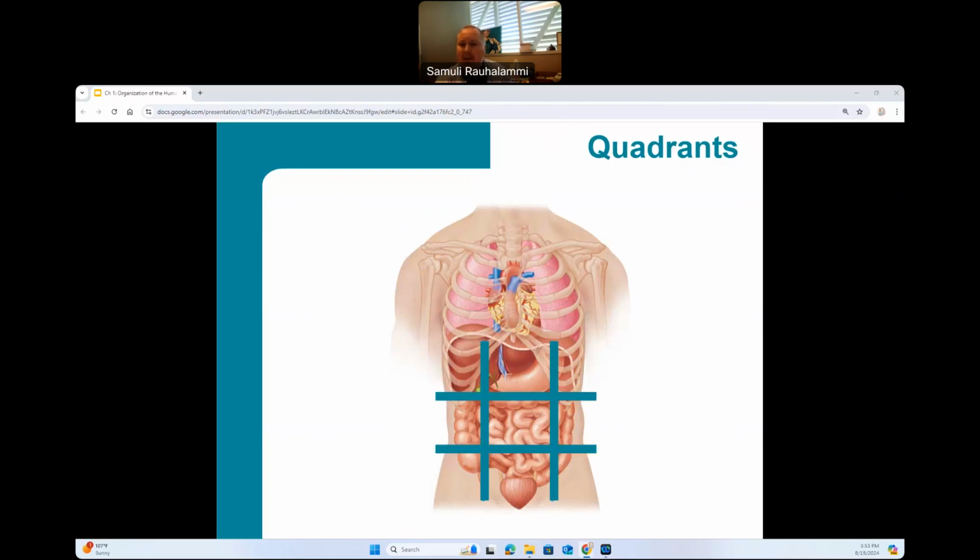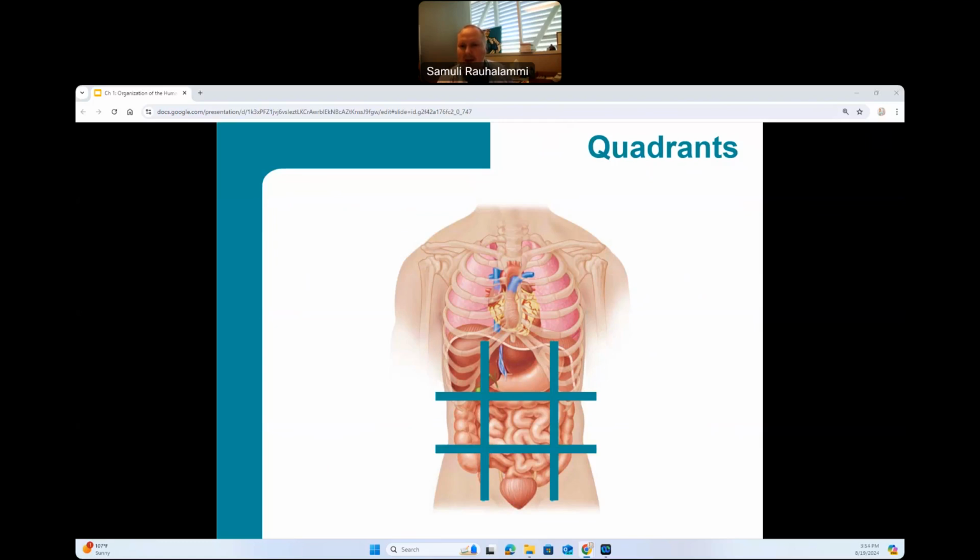The abdominal pelvic cavity can be divided also into 9 regions. This gives us a little bit more specific way of seeing what's going on there. Starting from the right upper corner, we would have our right hypochondriac region, followed by the epigastric region, and on the left-hand side at the upper regions, a left hypochondriac region. The middle row, starting from the right, has the right lumbar region, and the umbilical region in between.